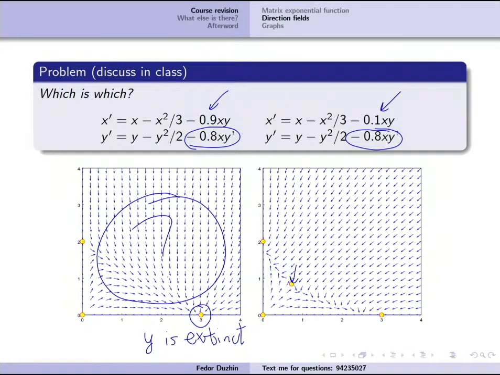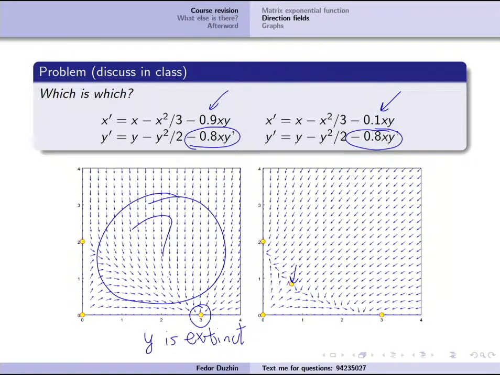In both cases, the bad influence of x on y is the same. But in one case, the bad influence of y on x is smaller than in the other case. So, of course, if the bad influence of y on x becomes smaller, then y gets a smaller chance to survive.